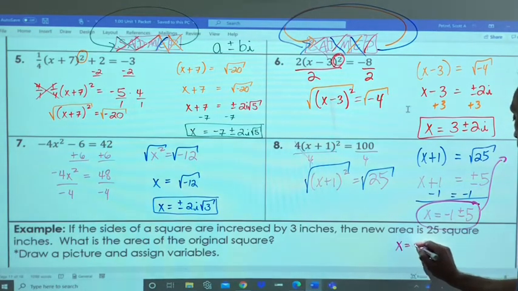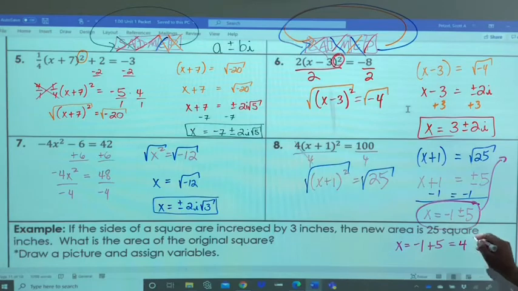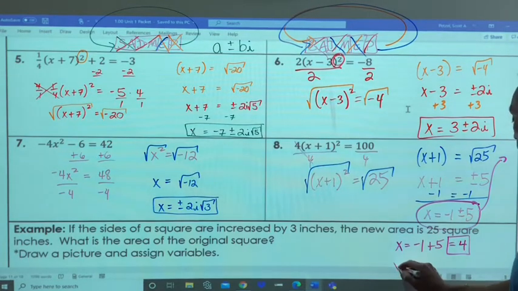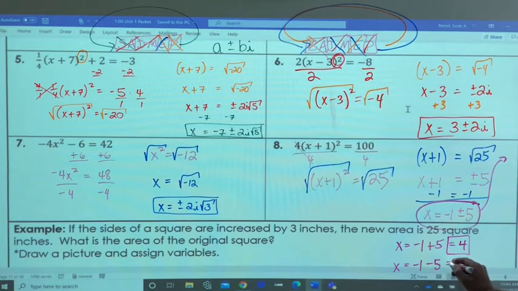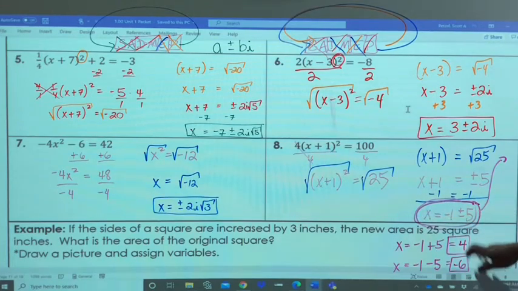X equals negative 1 plus 5 equals 4. X equals negative 1 minus 5 equals negative 6. Can't leave it like this. Got to be able to work it out. 4 and negative 6. Cool beans, cool beans, cool beans.